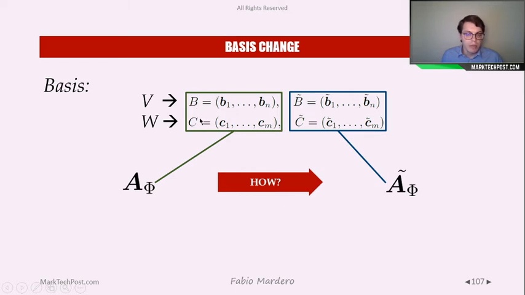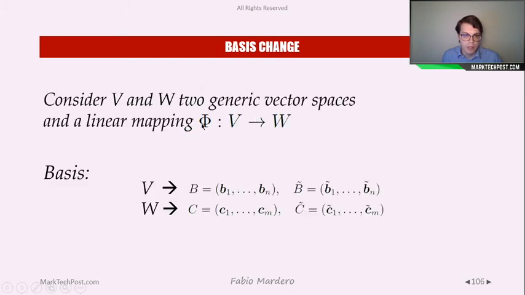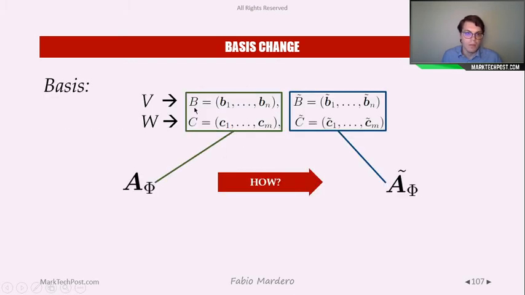As we defined before, since we have this linear map, using the basis B and C, we can find a transformation matrix A of phi. Using some different bases, the theory is the same, we can find another transformation matrix that we will call A tilde.